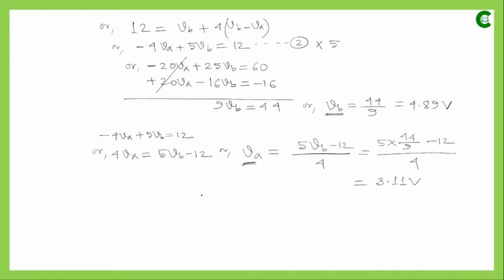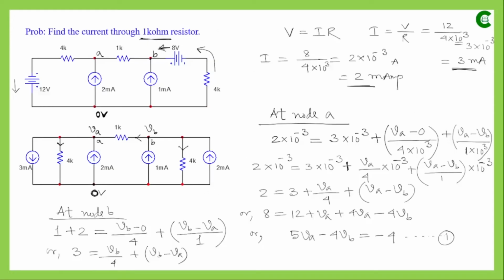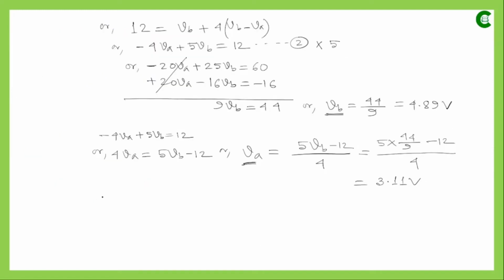That means current will be flowing through this 1 kilo ohm resistor from point B to point A. If we want to find the current value flowing through this 1 kilo ohm resistor, it can easily be found using Ohm's law, that is VB minus VA divided by the resistance value, which is 1 kilo ohm.